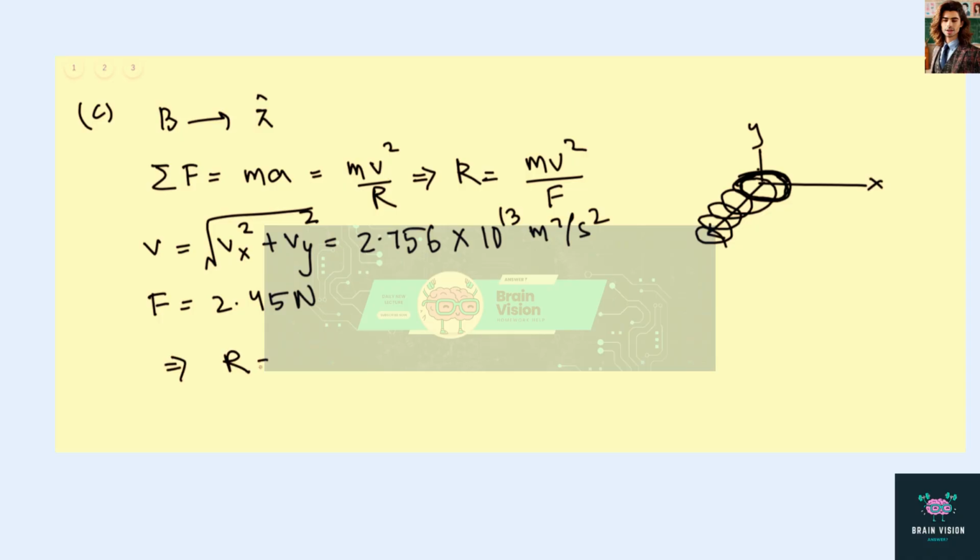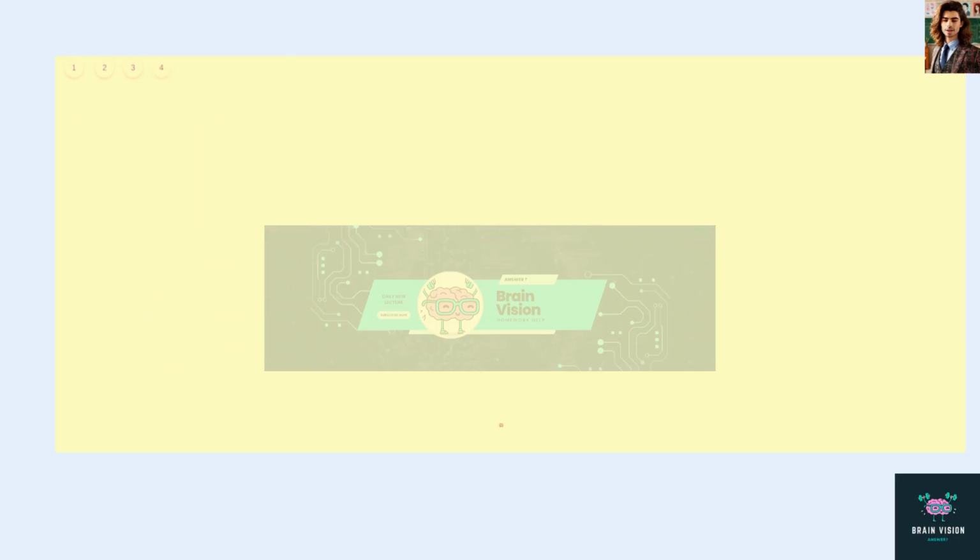Now we just plug in these values into this equation and we get the radius to be 0.029 meter. For the last part, we have to find the cyclotron frequency, and we know that this frequency is equal to omega over 2 pi, and omega is basically equal to the tangential velocity over radius.